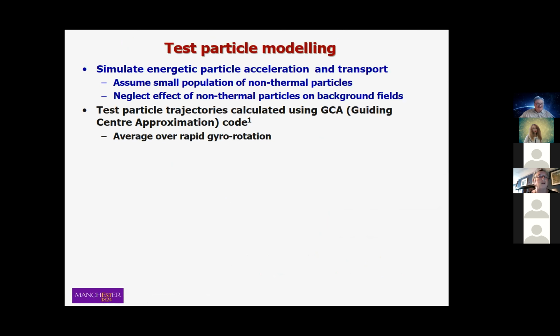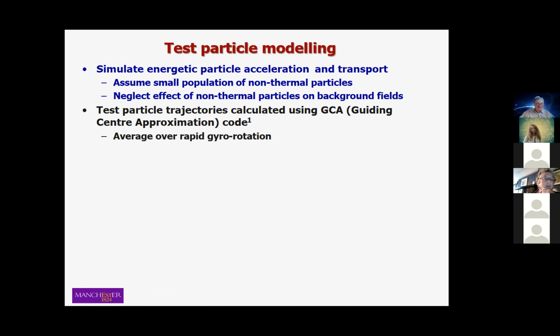So just to say a little bit more about the test particle modeling that we do, obviously a test particle model has an assumption that you have a small population of non-thermal particles and the effect of their motion on the background fields is neglected. So that is a limitation, but I said there are other advantages.